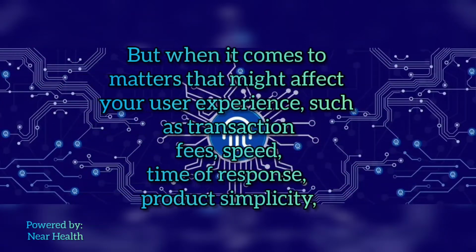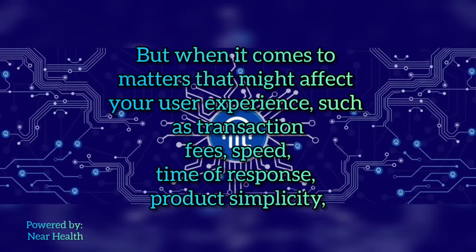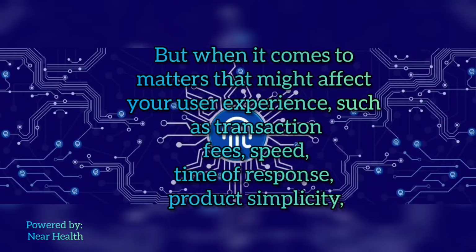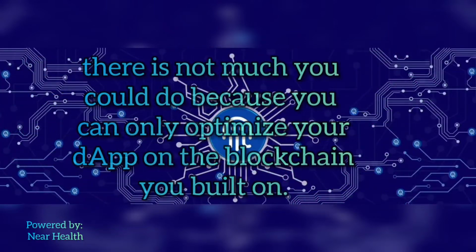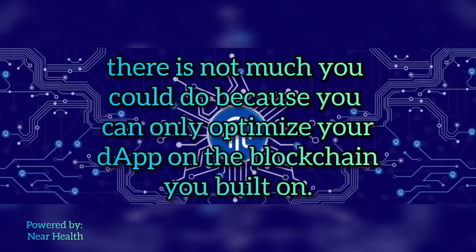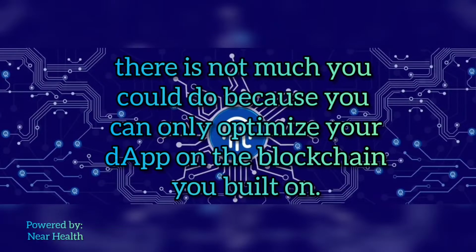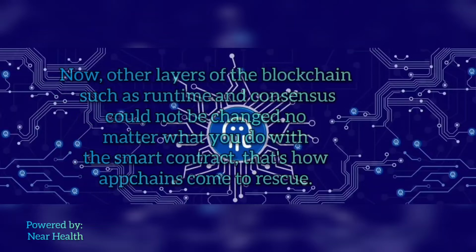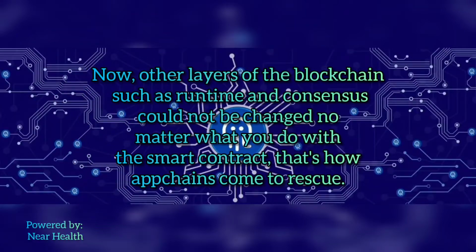But when it comes to matters that might affect your user experience, such as transaction fees, speed, time of response, product simplicity, there is not much you could do because you can only optimize your dApp on the blockchain you built on. Other layers of the blockchain, such as runtime and consensus, could not be changed no matter what you do with the smart contract.